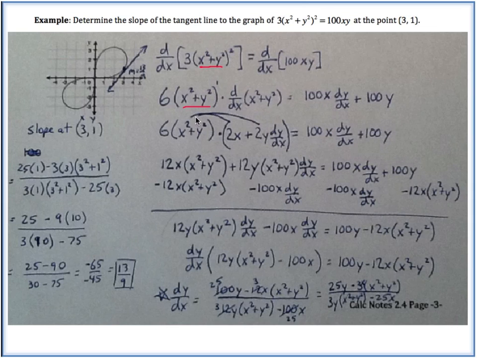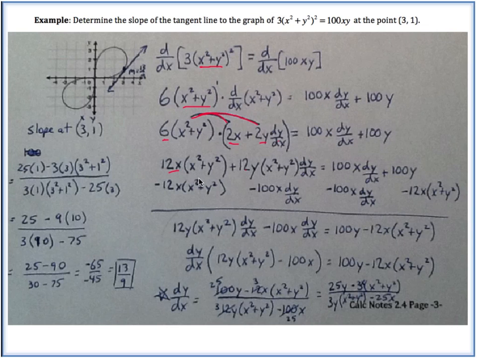Then I distributed this term to both of these, so you can see 2x times my 6 gives me 12x, and then you can see 2y dy/dx times 6 gives me 12y dy/dx. Okay, and then the x squared plus y squared is still here. Nothing happened to the right side here.